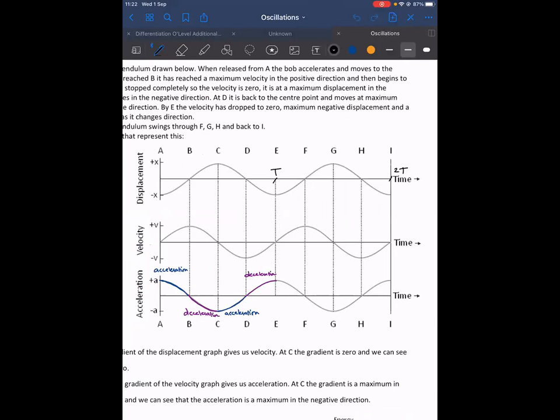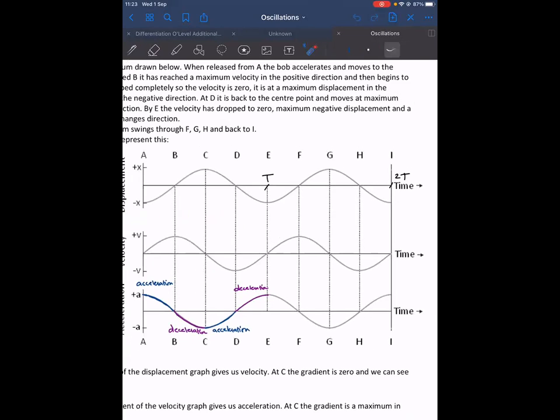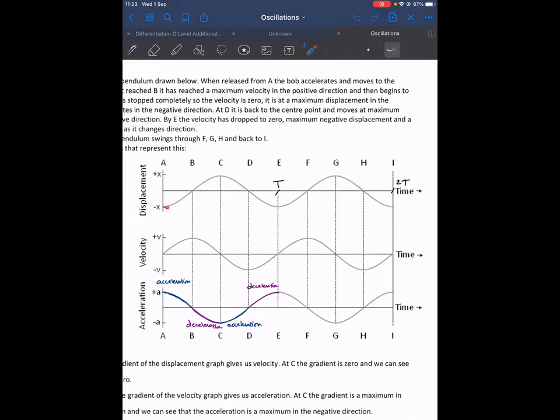अच्छा, let me tell you कि if you have this sort of graphical representation for displacement, so this actually represents cosine. This curve is of cosine form. All right, this is a cosine curve.